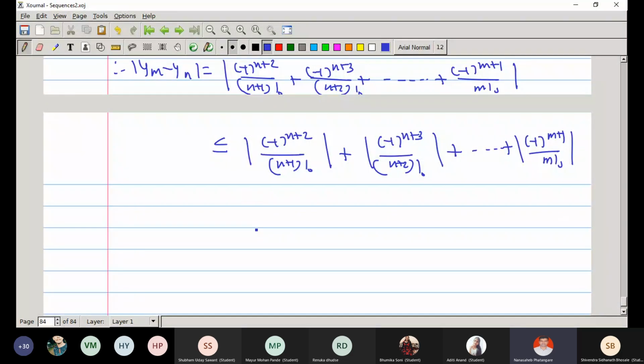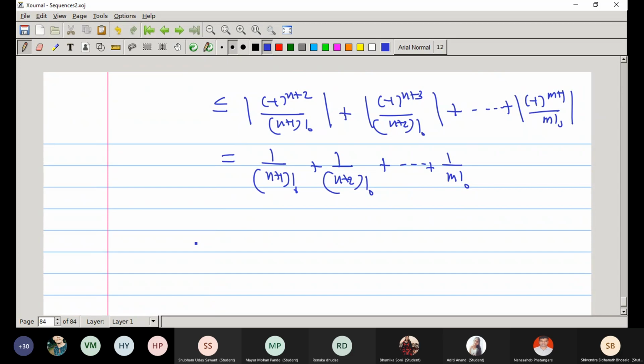But whatever is the numerator, plus or minus, it is plus 1 or minus 1, right? And if you take absolute value, it is just 1 upon n plus 1 factorial plus 1 upon n plus 2 factorial, and so on. Whatever is numerator plus or minus doesn't matter, right?